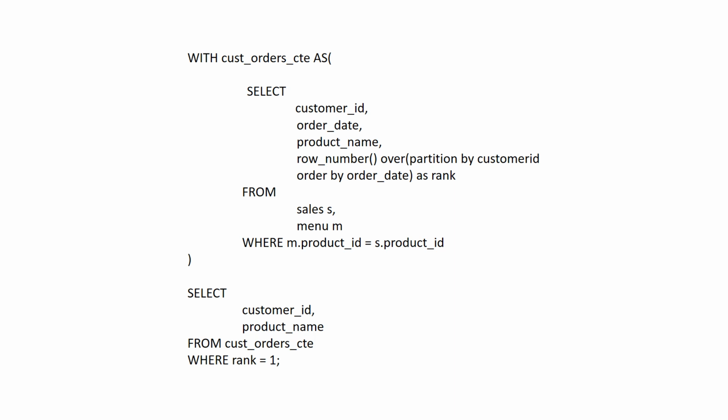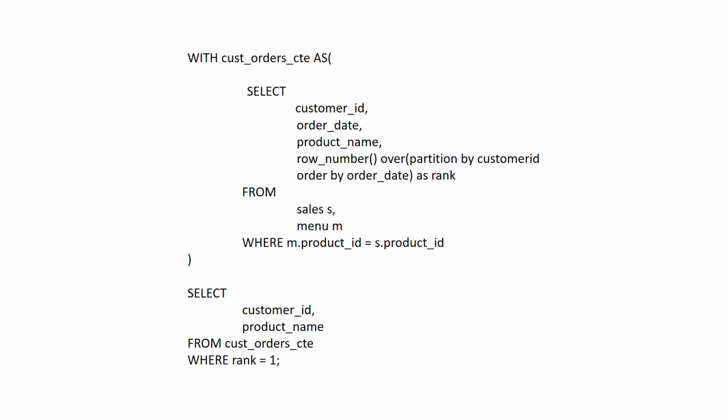As I told you earlier, I am going to explain this row number and partition by function so that you can visualize exactly what is going on here. The main query then selects the customer ID and product name of the first order made by each customer based on their order date.